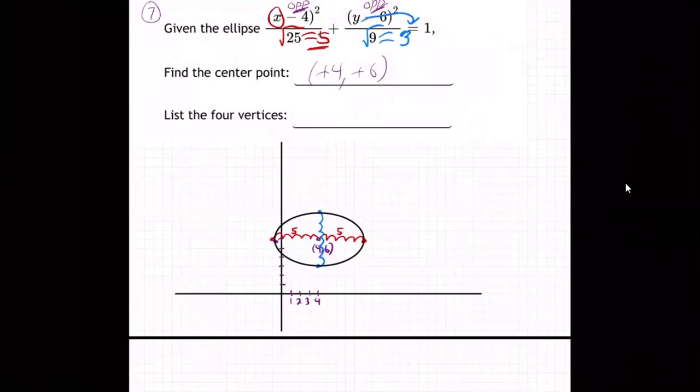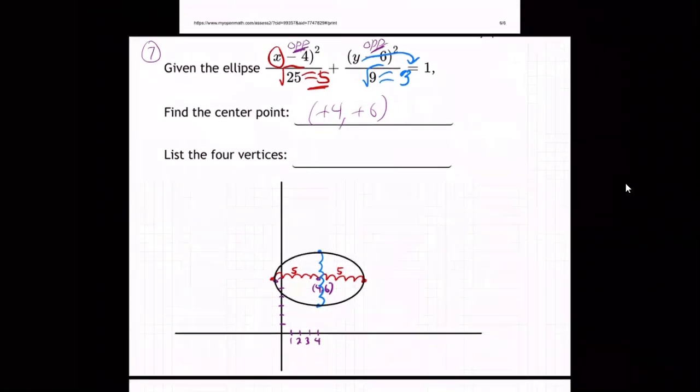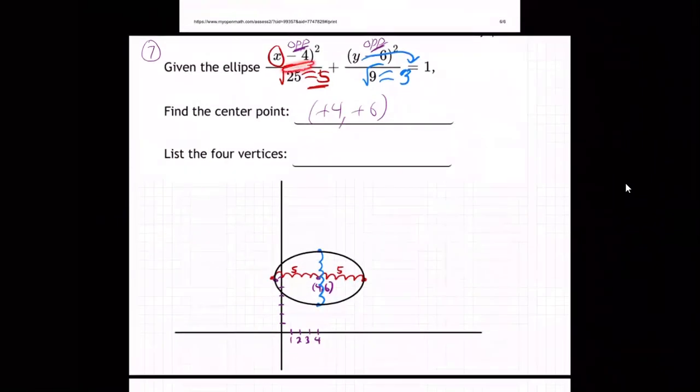So again, how did I get that? I started with the center, opposite of the number in parentheses next to X, and opposite of the number in parentheses next to Y. So +4, +6, that's the center. I went right 4, up 6, and put down the center. And then from that center, you look at whatever's underneath X, square root of it. Square root of 25 is 5.